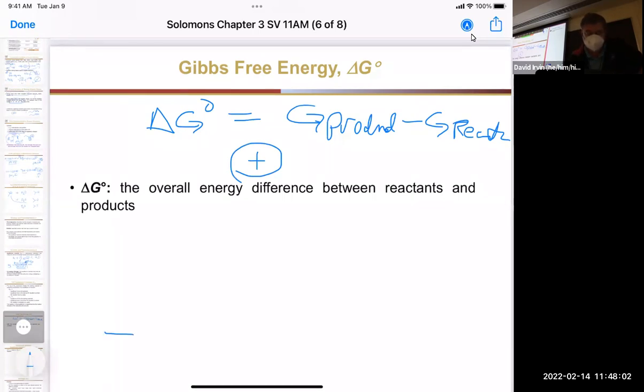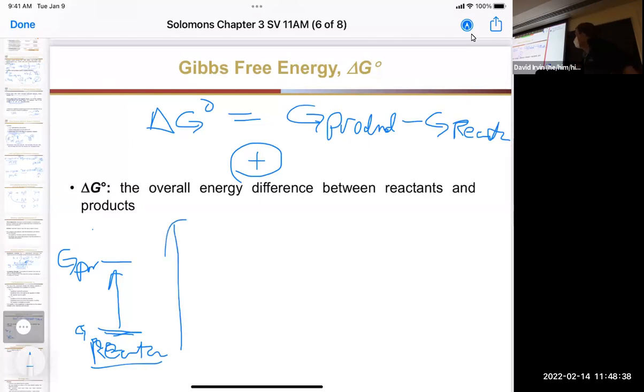If we go from this energy here, which we'll call the reactants, to this energy here, which we'll call the products, the reactants have less energy than the products, because this is an increasing energy scale.